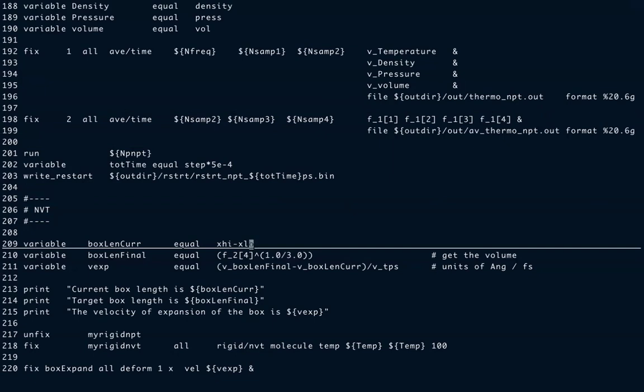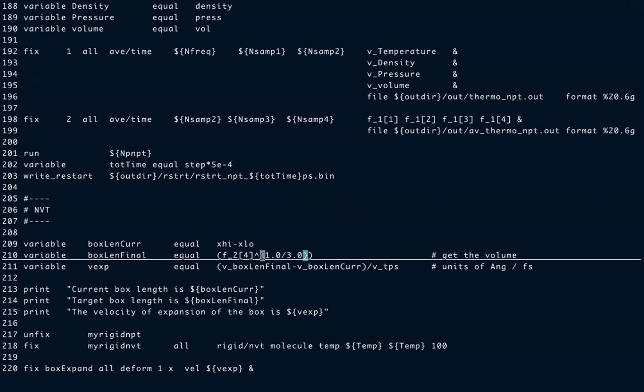Now note that the current box length does not equal the final box length. And to approach the final box length, we have to expand the box.